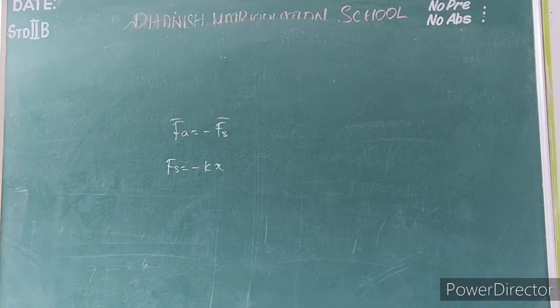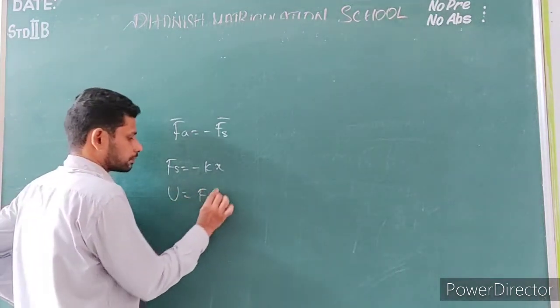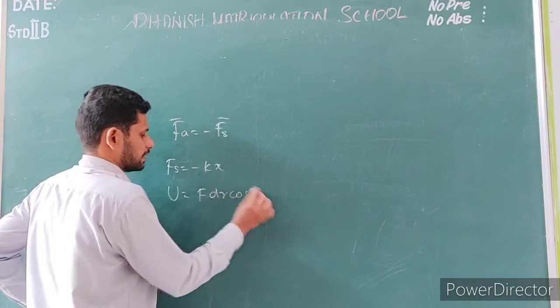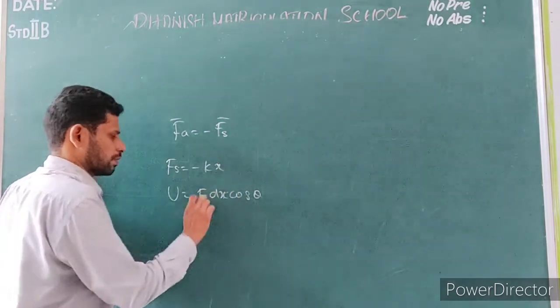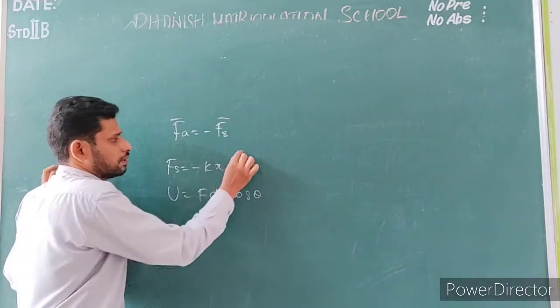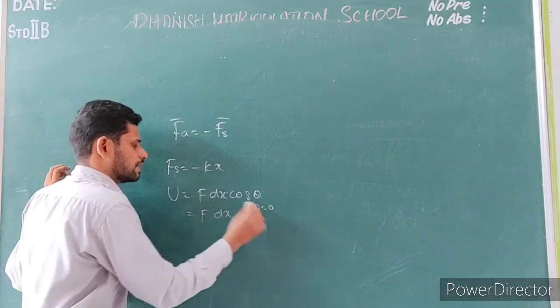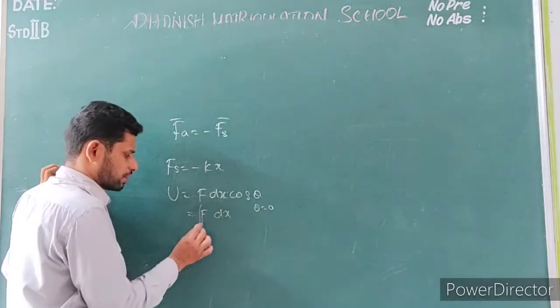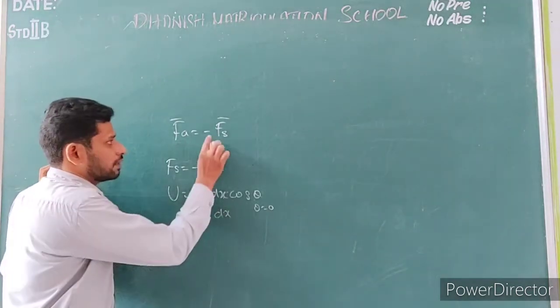Opposite to the displacement. Usually we know that U equals the integral of F dx cos theta. Now we can take this as F dx, because dx is the deformation. When theta equals 0, cos 0 is equal to 1, from position 0 to x. So what is F?